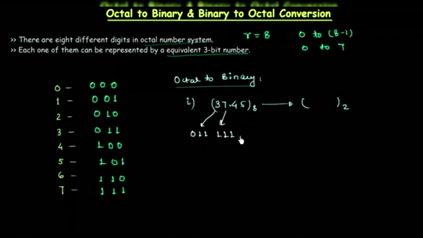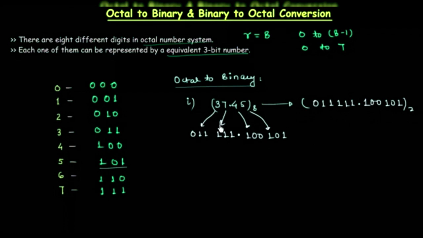Now we have the point here. 4 we can write 1 0 0. 5 we can write 1 0 1. So the binary equivalent of this octal number is 0 1 1 1 1 1 point 1 0 0 1 0 1. This is the binary equivalent of this octal number.